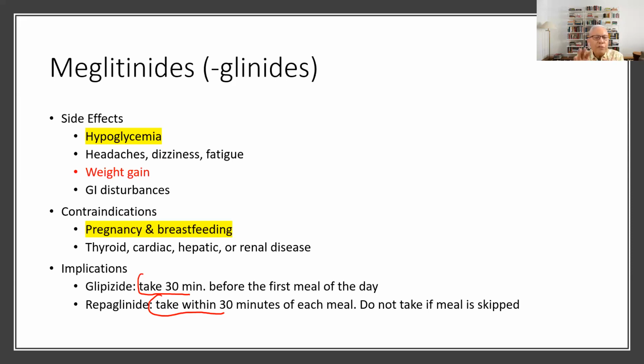And of course, if there is thyroid, cardiac, hepatic, or renal disease, then it's also contraindicated. But I wanted you to remember the pregnancy for this one and the hypoglycemia. So the two drug classes that cause hypoglycemia are your sulfonylureas, your ides, and your glinides, your meglitinides. Okay?